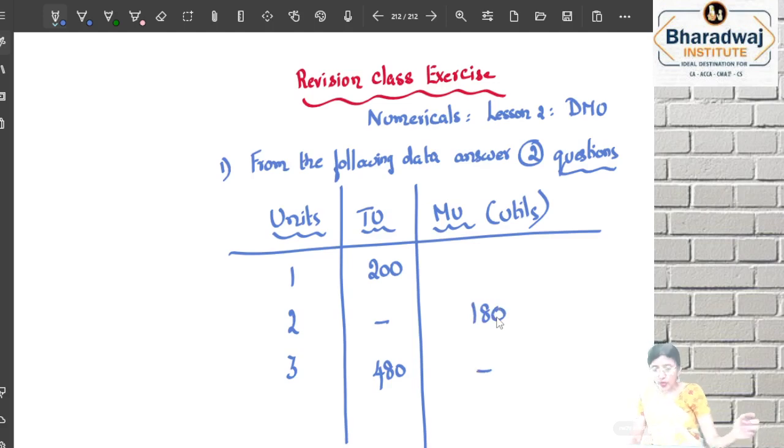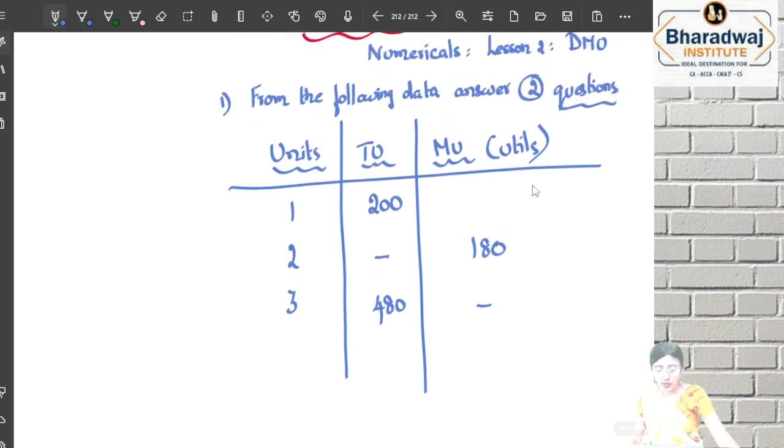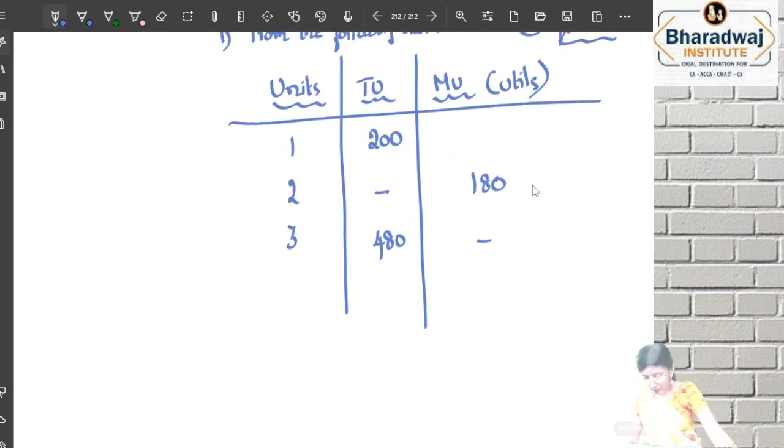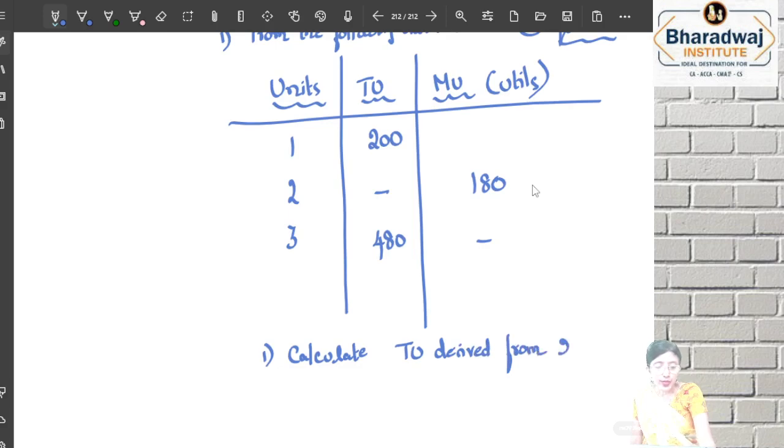Now, what are the 2 questions? Side by side, right. First one: calculate TU derived from the second unit.